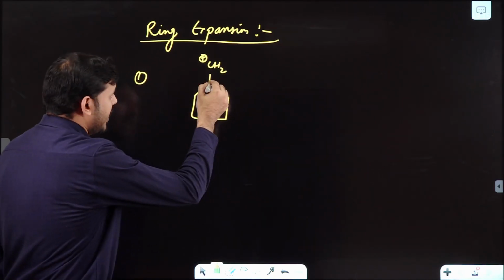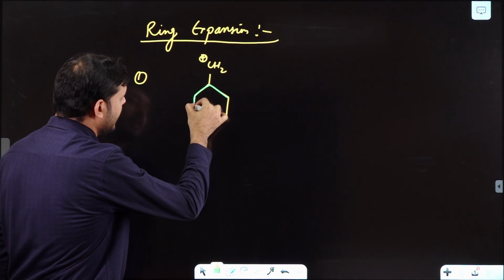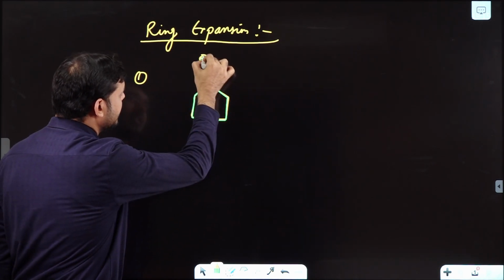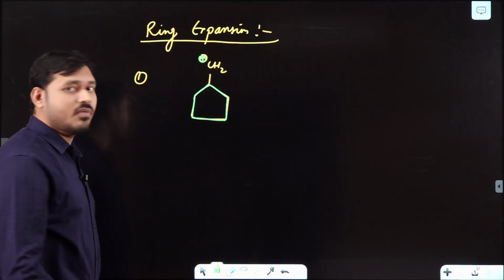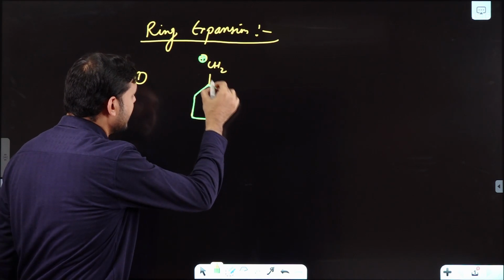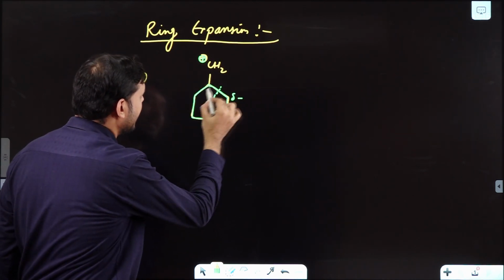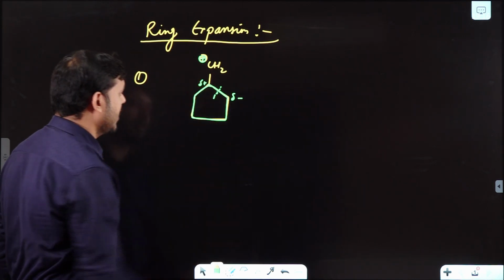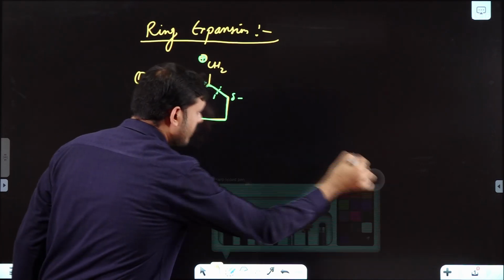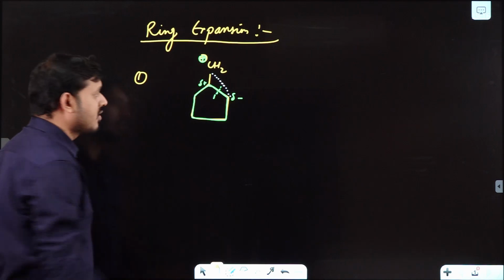See, if you are having any 5-membered or 4-membered ring, and in front of exactly that ring you are having a carbocation plus charge, then what happens? This part, on any side, has a tendency to break down such that this is your delta negative end and this becomes the delta positive end. So what will happen? This delta negative end will attract towards the delta positive side, okay?